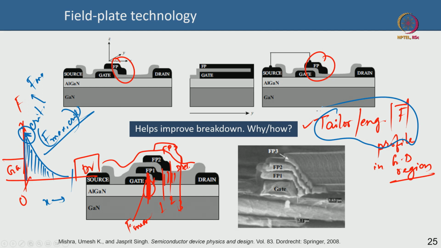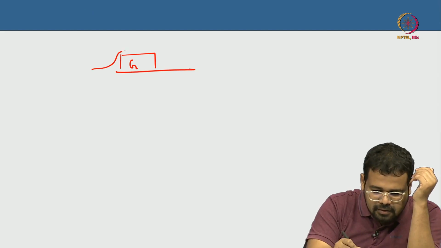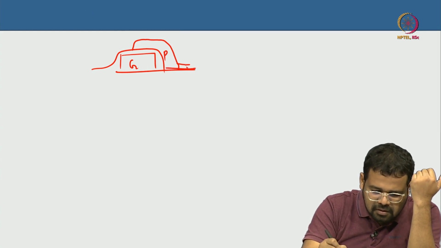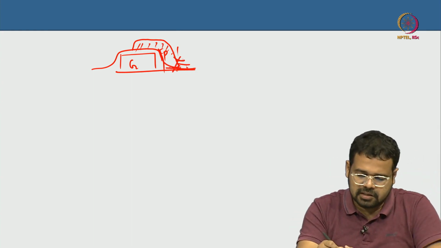How that happens is that suppose you have a gate, and then there is a dielectric, and you metallically short another metal which is coming here like a field plate, field plate 1, and you have just one field plate. But the field plate will be on top of the dielectric, so actually this is not a very correct figure.